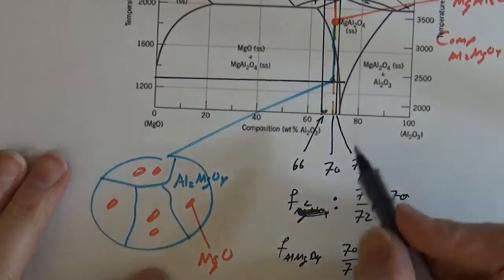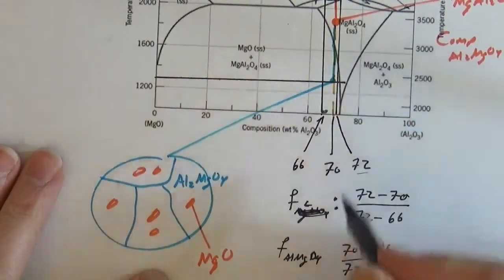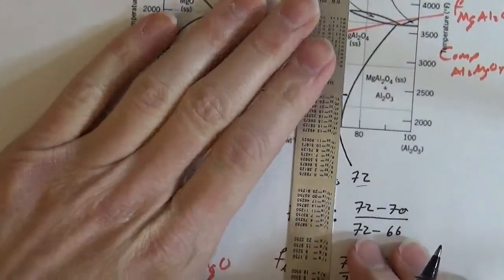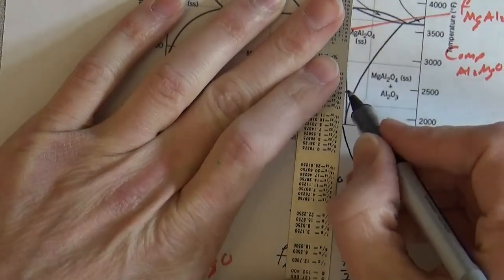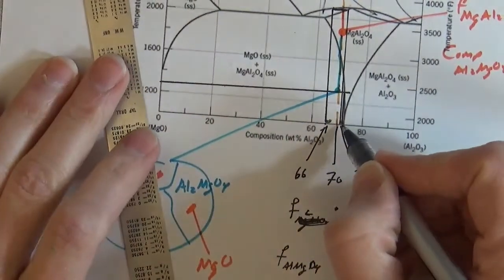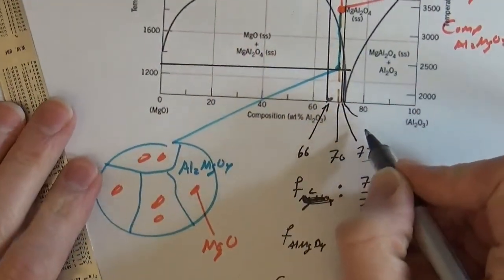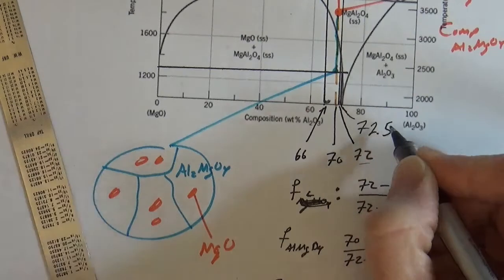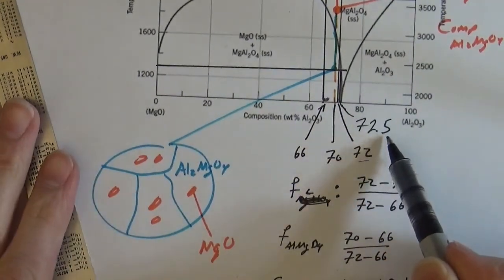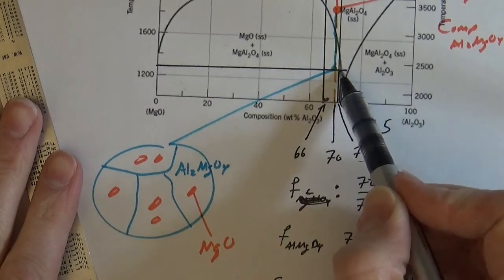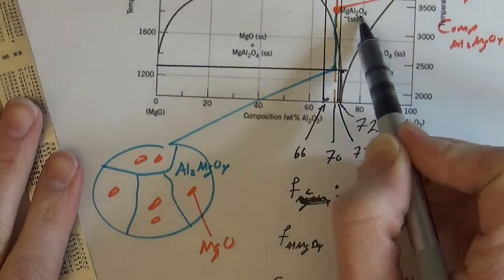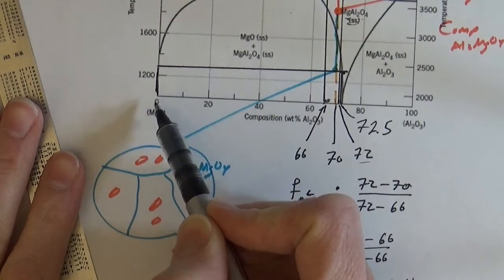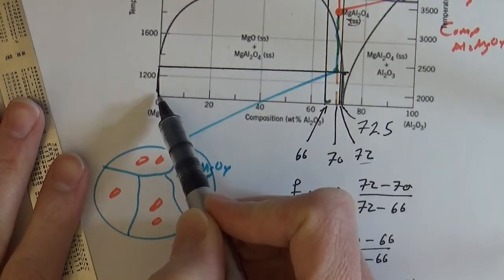The composition of the MgAl2O4 we can get by dropping a line, and it's going to be, again, around 72.5 weight percent Al2O3 comprising this phase, and the MgO is a line compound, so it's pretty much pure.